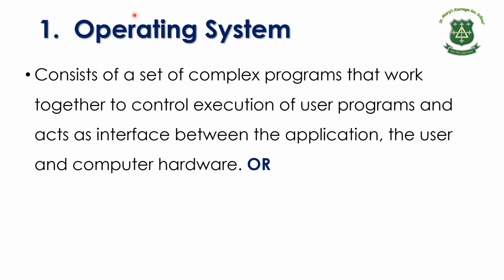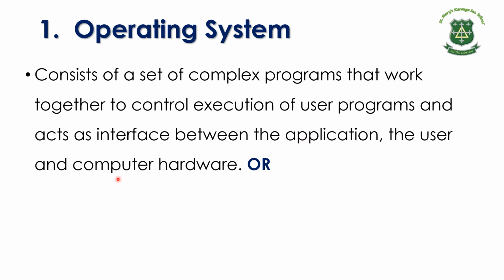So this operating system is there to be a go-between, an interface to connect the application, someone who is using that application, and the computer hardware. If I am drawing something on the computer, it means I'm using a certain application software. So I am the user using the application.